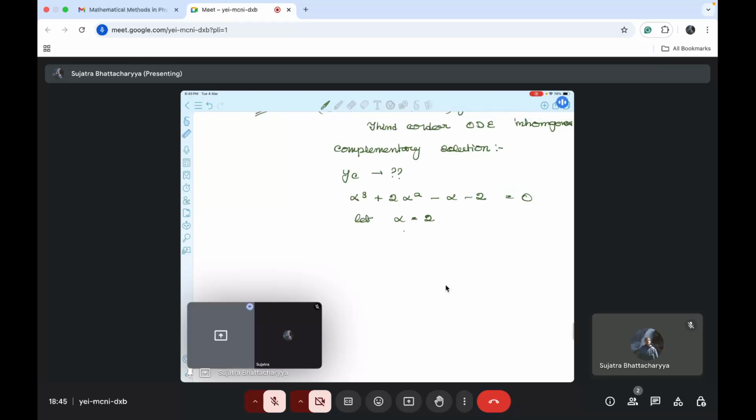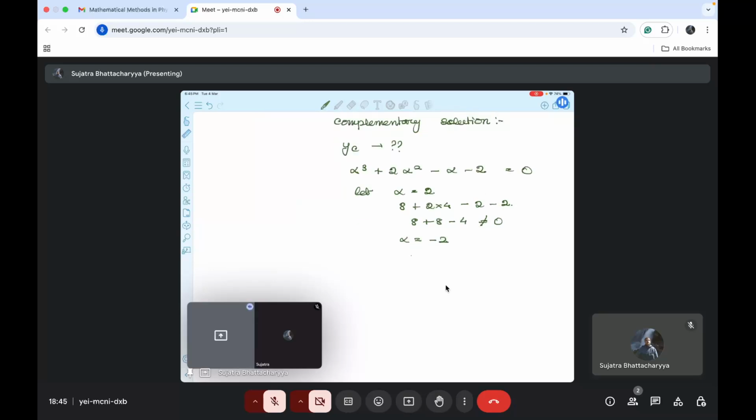So it becomes 2 cubed, which is 8, plus 2 into 4 minus 2 minus 2. So 8 plus 8 minus 4, which is not equal to 0. Let's take alpha equal to minus 2. So you get minus 8 plus 8 plus 2 minus 2, so this will be 0.